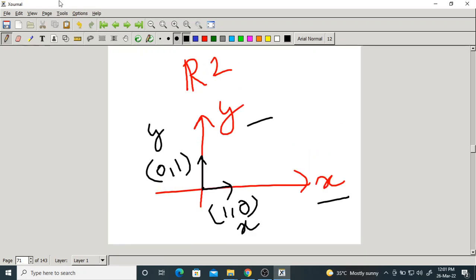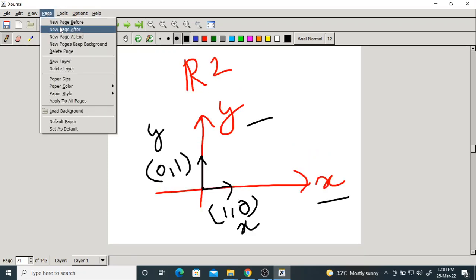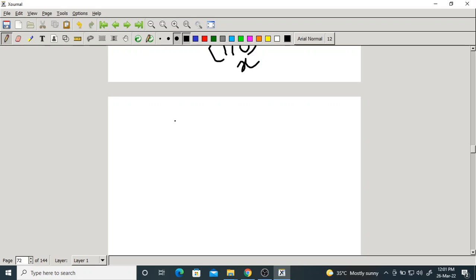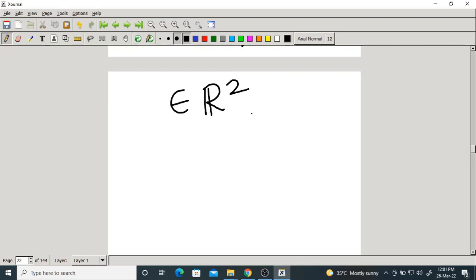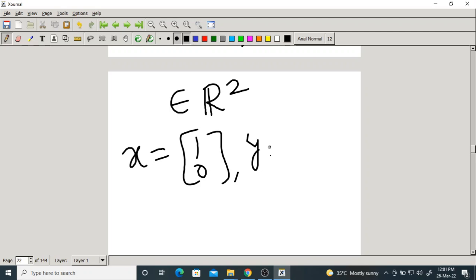What can you say about these two vectors? I am assuming a space of R2, two-dimensional space, with two vectors 1, 0 and 0, 1. Are they independent? Yes. Why?